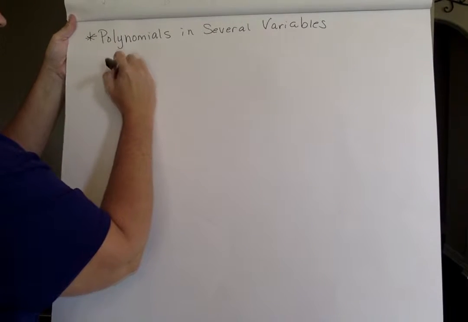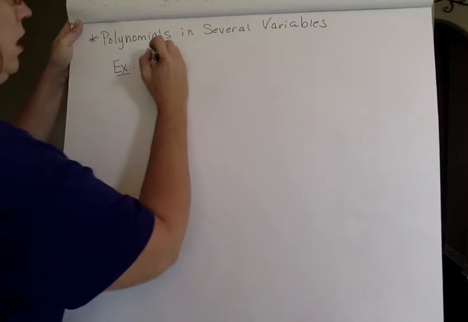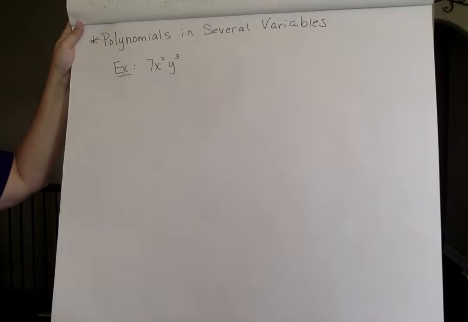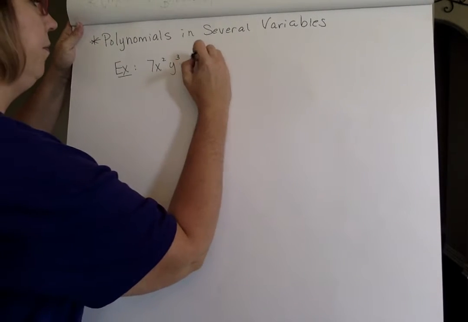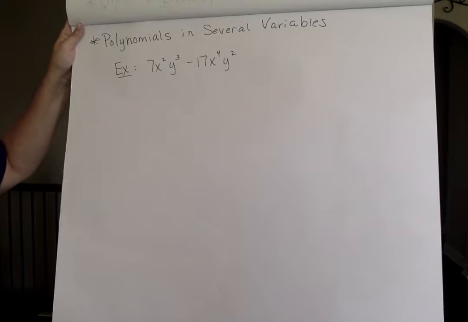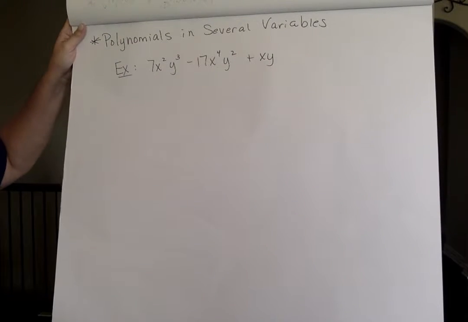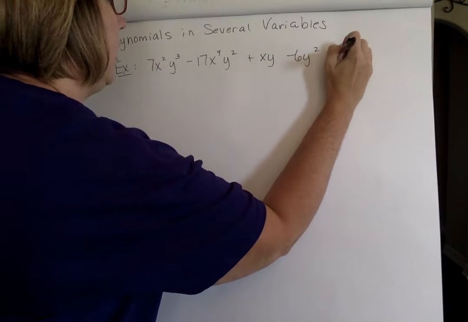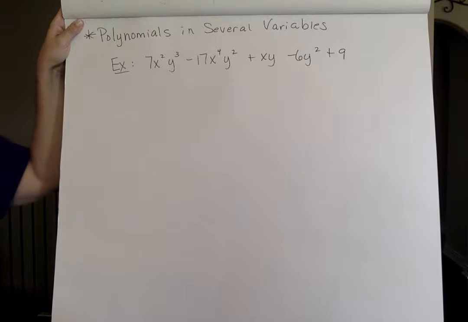Sometimes we have polynomials and they don't just have x's or y's, but they have lots of variables like 7x squared y cubed, and we have a polynomial in x and y, minus 17x to the fourth y squared, plus xy, minus 6y squared, plus 9.